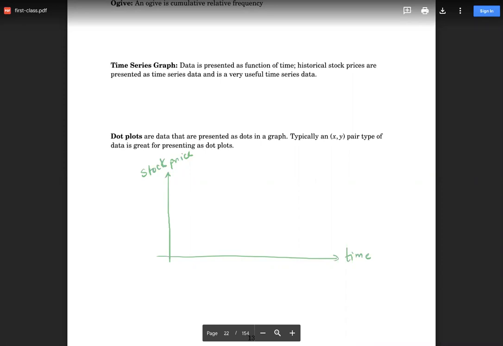So let's say you're looking at a stock price somewhere here, something like this.